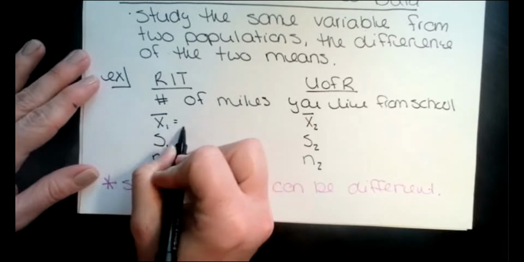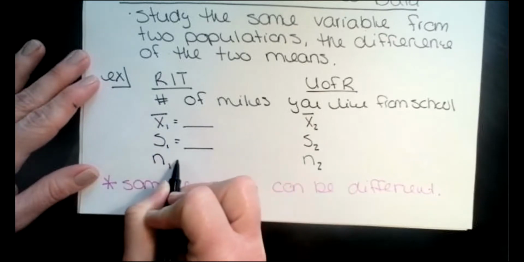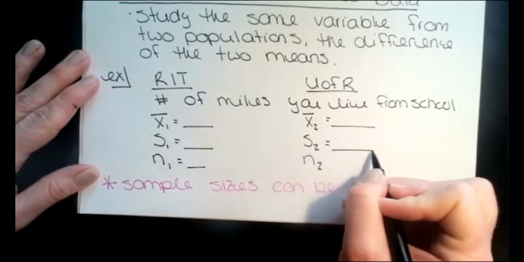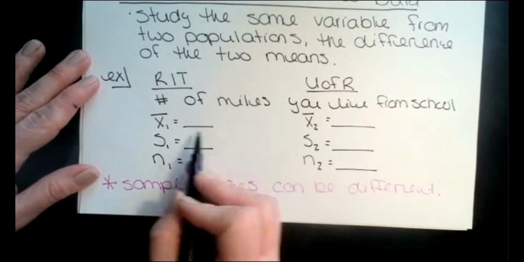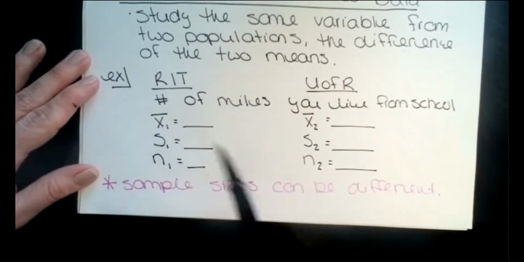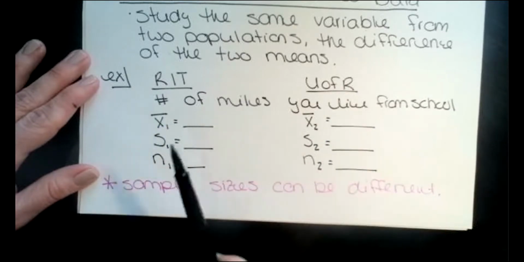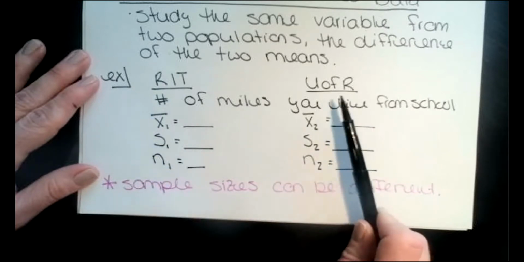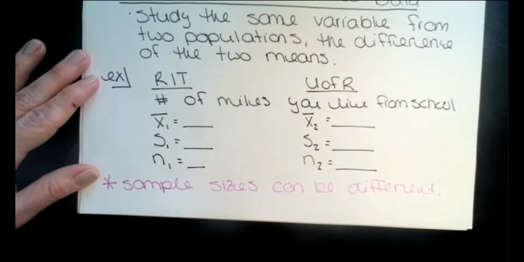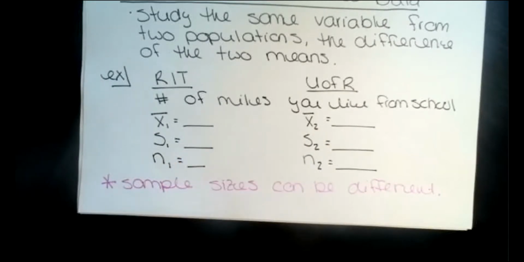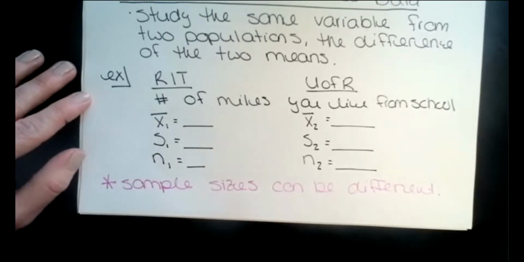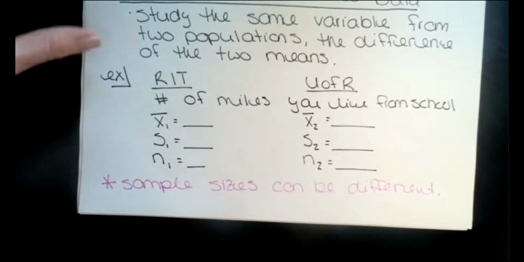So we're going to get these values for each sample, and what we're going to do today is study the difference in the mean, the average. The mean is the average miles that the group of RIT students I studied live from school, and the same for the U of R. We might see a difference in the sample. What we want to know is whether it is a statistical difference, meaning a big enough difference to actually say that there's a difference.